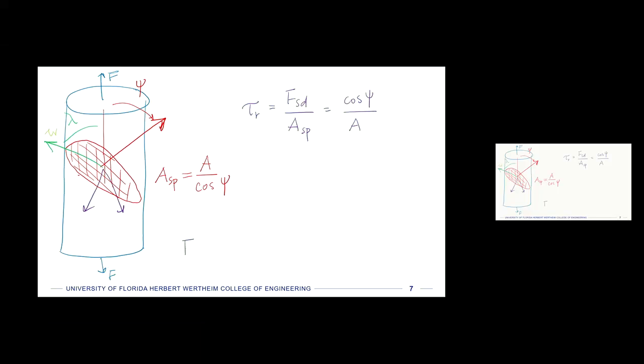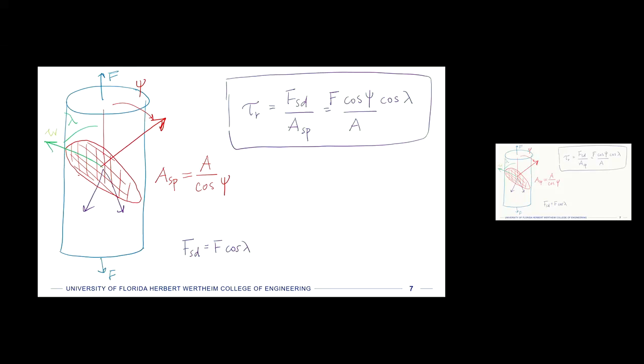The force in the slip direction is just F cosine lambda. And I don't believe the magnitude or the sign is taken into consideration here, so it's just a magnitude. If we plug that in as well, then we get our applied force at the beginning times cosine psi times cosine lambda divided by A. So I'm just going to draw a box around that.